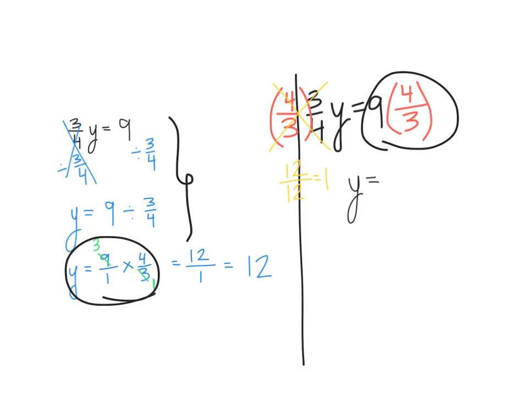You can multiply both sides by the reciprocal instead of dividing by the fraction. Either way, you'll get the same answer. We're still going to multiply 9 over 1 times 4 over 3. We're still going to cross cancel here. And when we continue to multiply top times top and bottom times bottom, we're going to end up with the same answer.